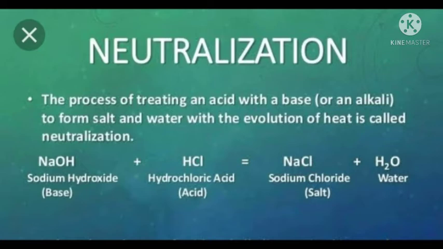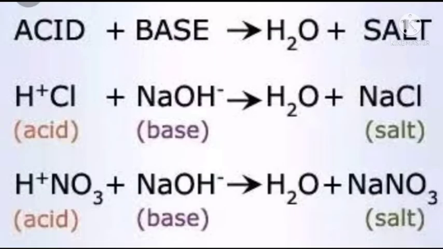For example, when we mix sodium hydroxide and hydrochloric acid, we get the new substances sodium chloride and water. We know that sodium chloride is a salt. So along with the salt, we get water. Generally, when an acid reacts with a base, we get salt and water. For example, HCl reacting with NaOH gives the salt NaCl and water.